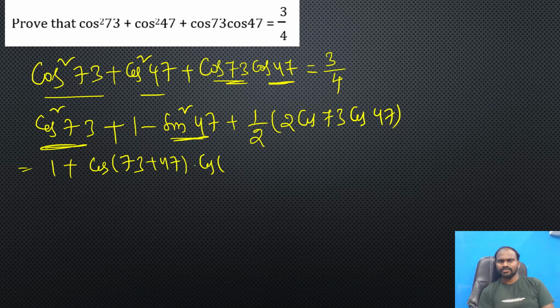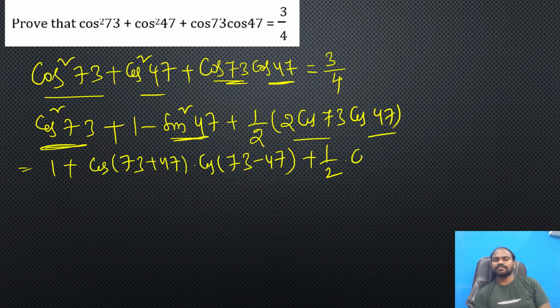You should remember those formulas, and without remembering those formulas, we can't solve the questions. Even if you don't know the formulas now, you can understand what I'm teaching here. You should know those formulas. And here 2 cos A cos B. The 2 cos A cos B formula is what? Cos of (A plus B) plus cos of (A minus B).